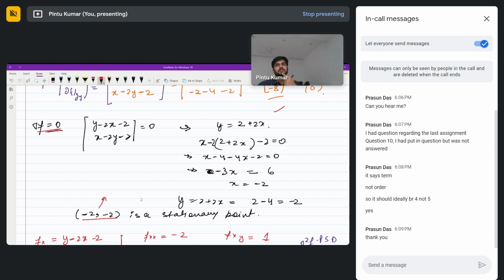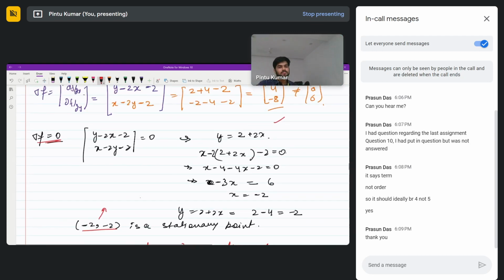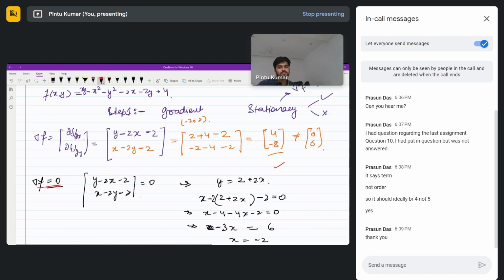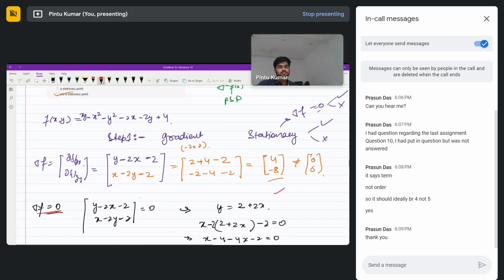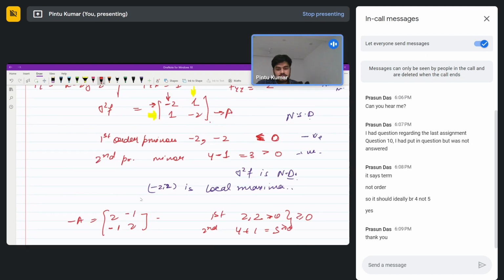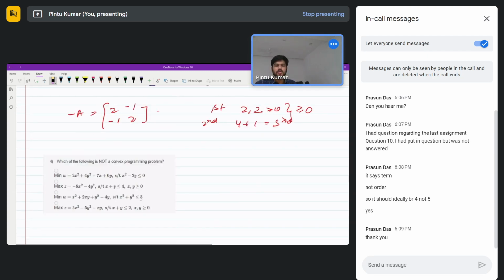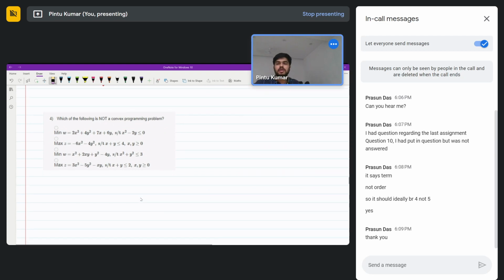That's why we check it. Sir, in the last sentence of our example, it says minus 2, 2 is the local maxima. There is a minus here also. This is minus 2 comma minus 2, which is a local maximum. Okay, sir. Thank you.